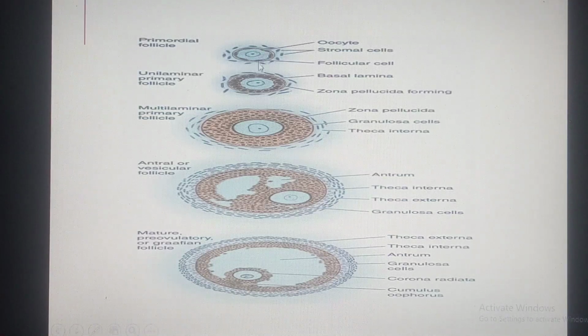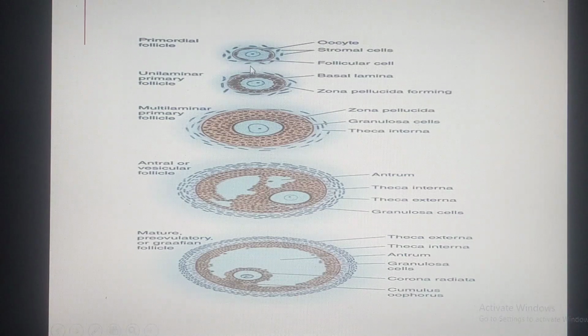Prior to this kind of follicular growth, when your reproductive organs are not functional, with the ovaries not producing these various follicles going through development, we are going to find only primordial follicles prior to puberty. But around puberty, under the influence of follicle stimulating hormone, these primordial follicles will go through this development.